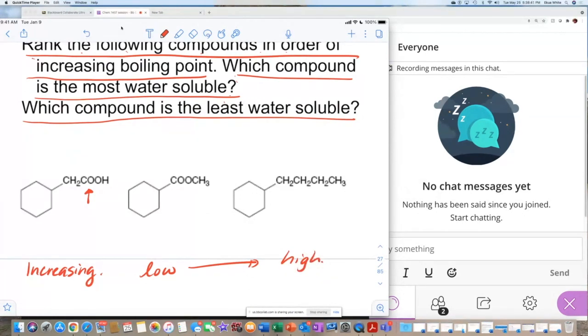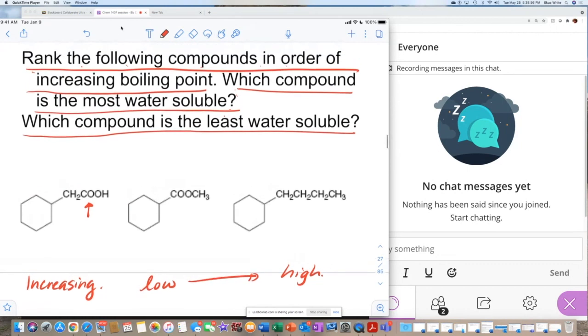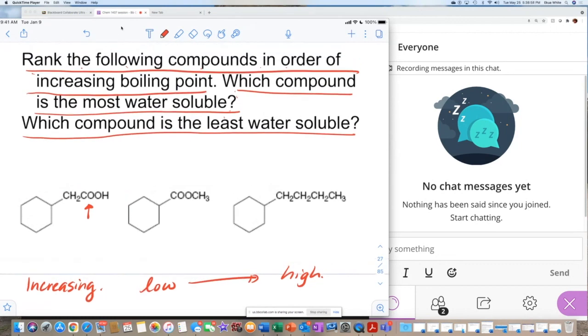That's important in chemistry, because I would do this and then get it wrong. My teacher would say, you arrange it in order of decreasing, and I'd realize I forgot to focus on that word increasing. Make the low one on the left, and make sure the high one is on the right.